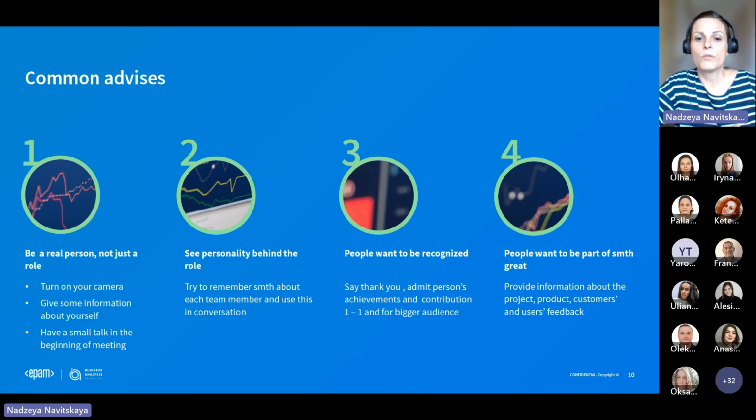Point number 3, people want to be recognized. For developers, it is very hard to be recognized because they are doing their job. For example, they don't participate in demo sessions, they are not demoing stories. So how can they be recognized? Of course, all the stories are accepted at the end of the sprints. You may think, okay, guys, you did a great job, but you can say thank you.